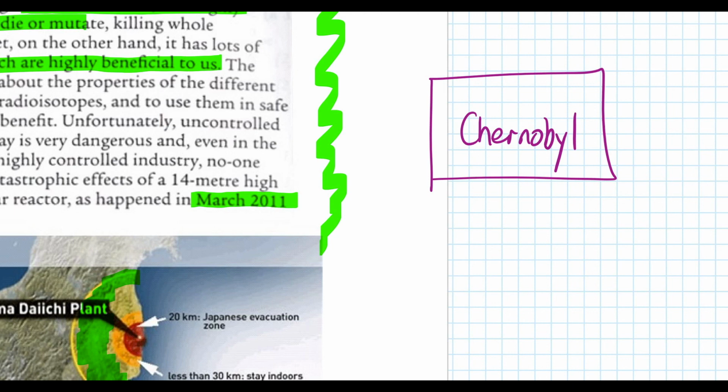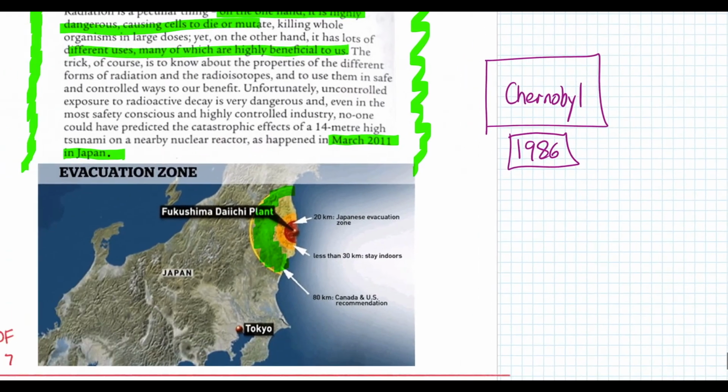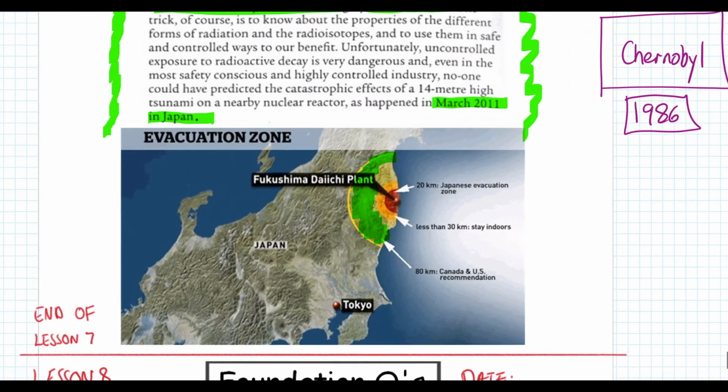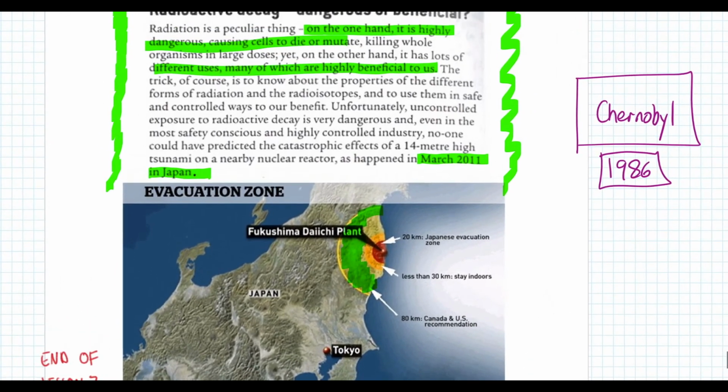If you ever get a chance of watching that program, it was based upon a true story of what happened in Ukraine, which was then part of the Soviet Union. I think it was 1986, and there's still an exclusion zone around what was a nuclear power plant. Anyway, that is the end of this lesson.